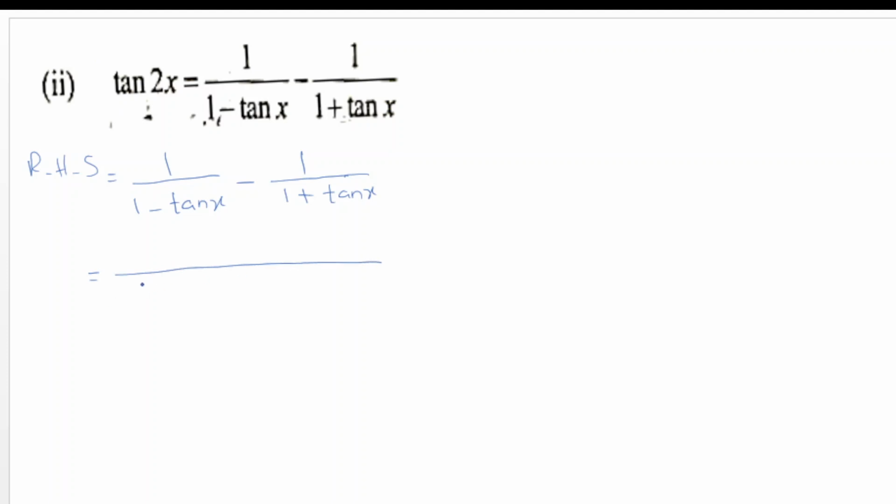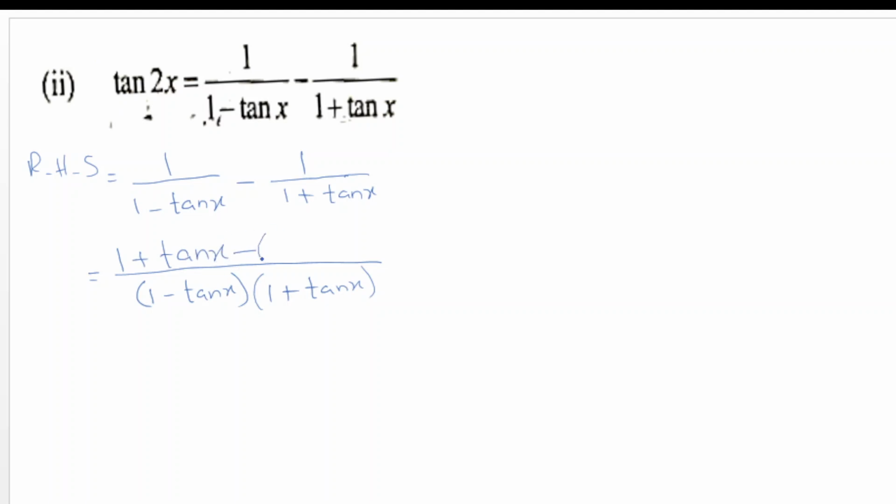So 1 plus tan x will multiply with the numerator as it is, and the other fraction will have a negative sign.